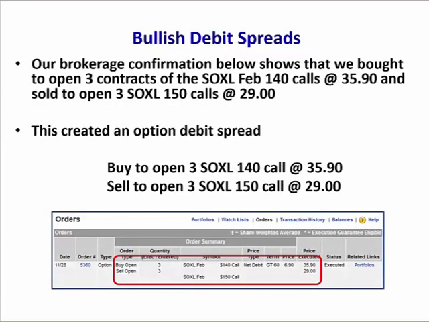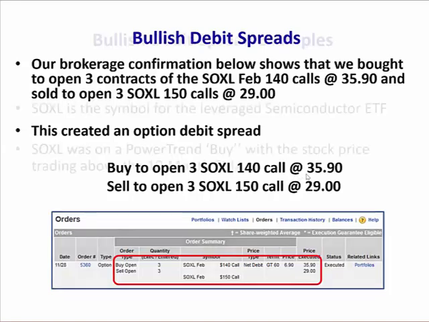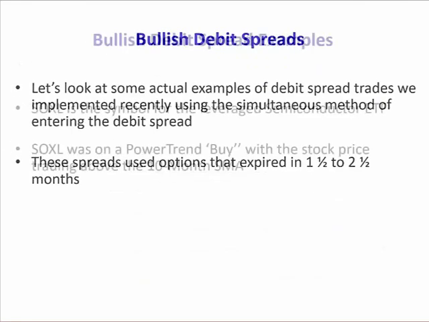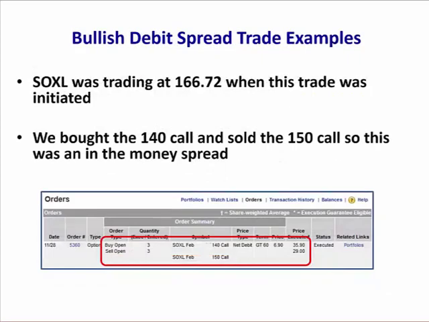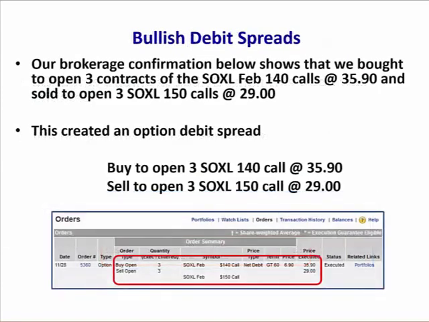So our brokerage confirmation shows that we bought the SOXL February 140 call at 35.95, and we sold... Okay, and this was a simultaneous entry. I was looking for the first leg of the spread, but this is a simultaneous entry.